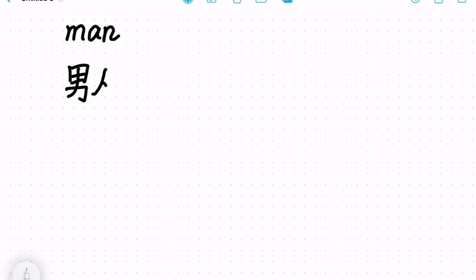Man. The Chinese is 男人. The pinyin is nan ren. The tone of nan is the second tone. See the second tone.